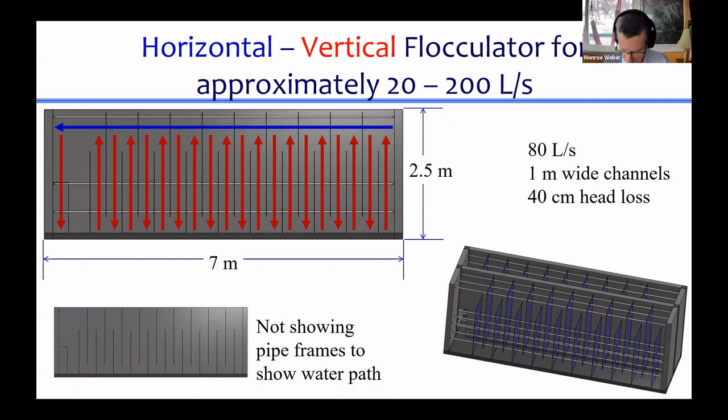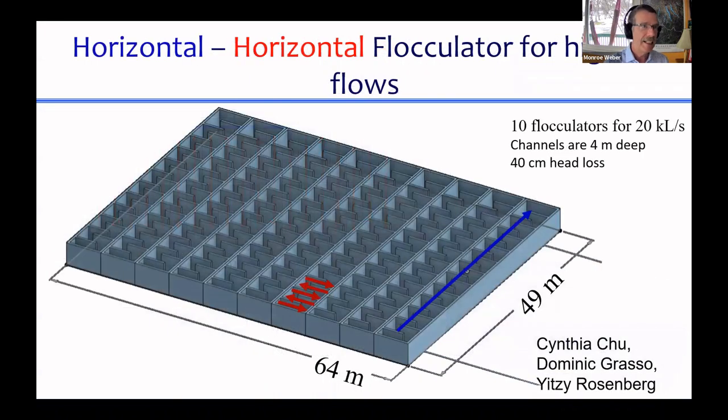Okay. As we go bigger, it changes again. And this is now the flocculator that you're designing for your design challenge. Although you're designing one of these, some students previously designed 10 flocculators acting in parallel.